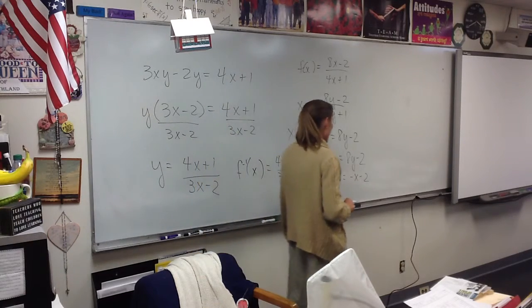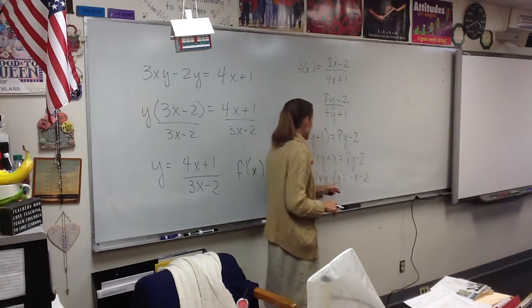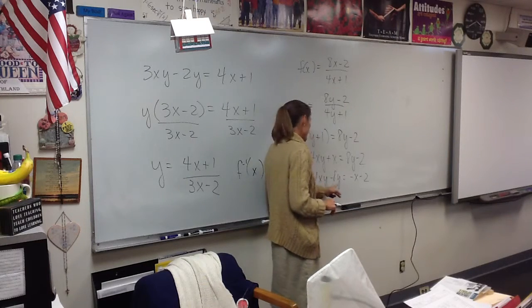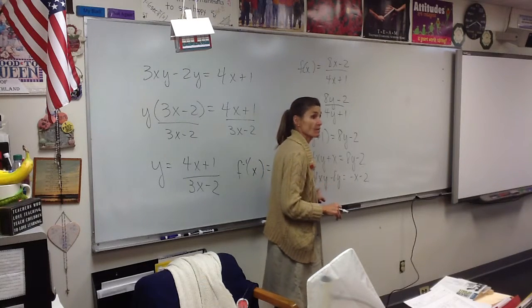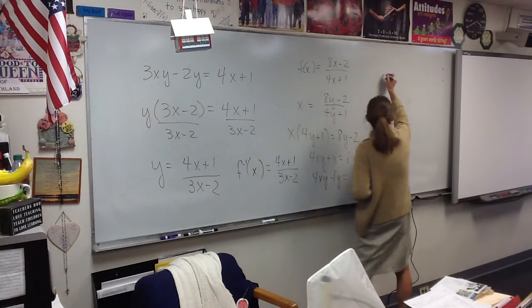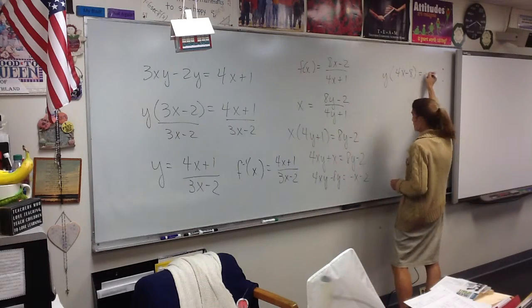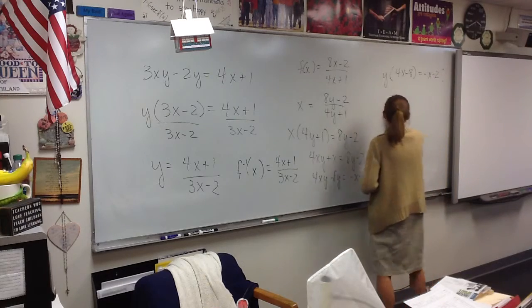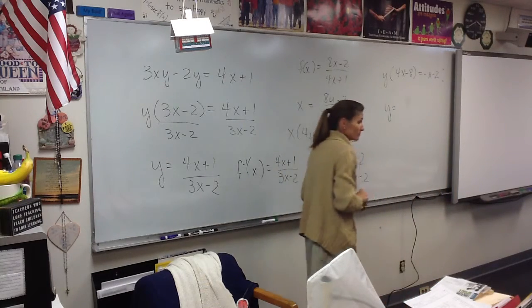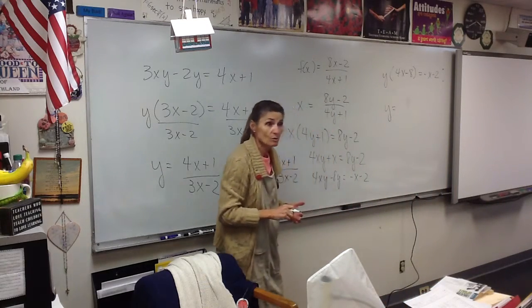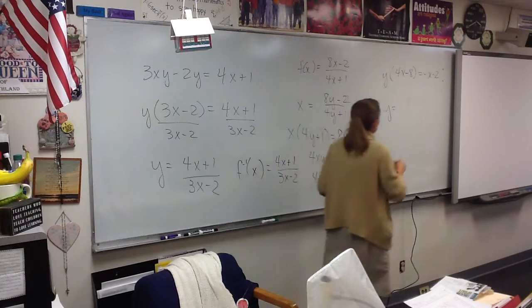I take out a y. So again, several of you have noted, you can actually take out more than just y, but just take out the y. Because what's your last step? To get y equals, right? We want y by itself.